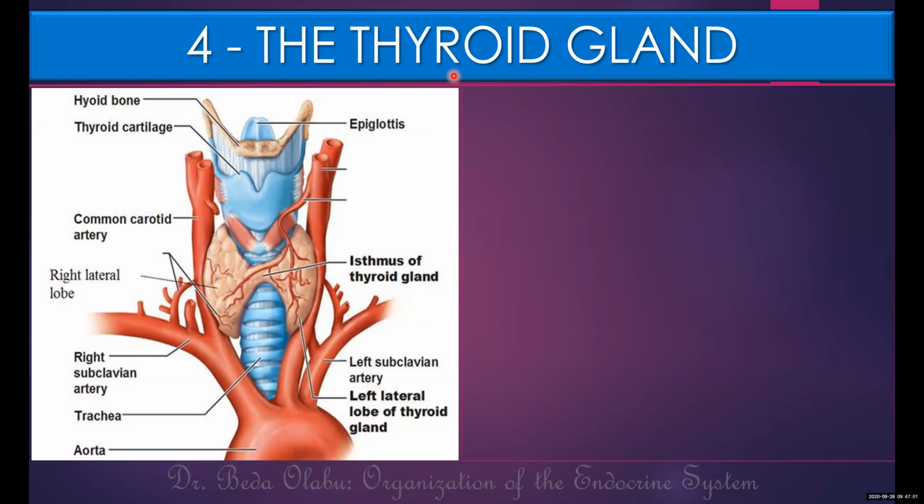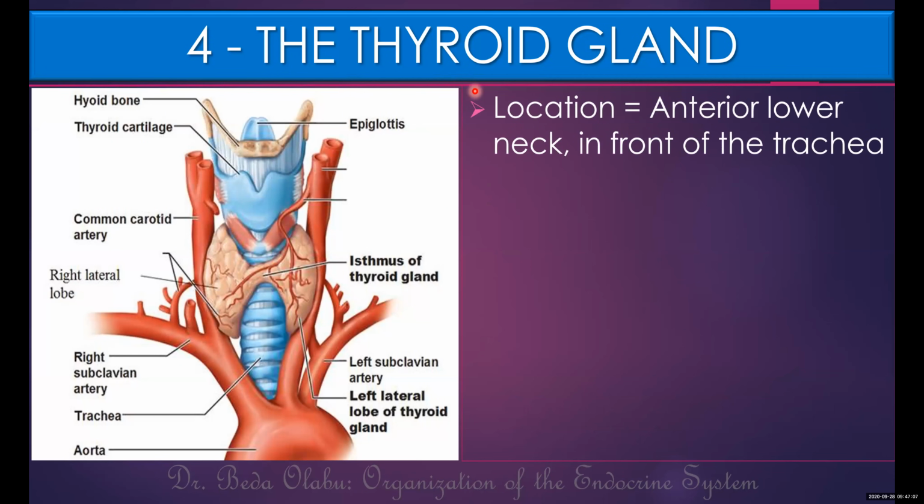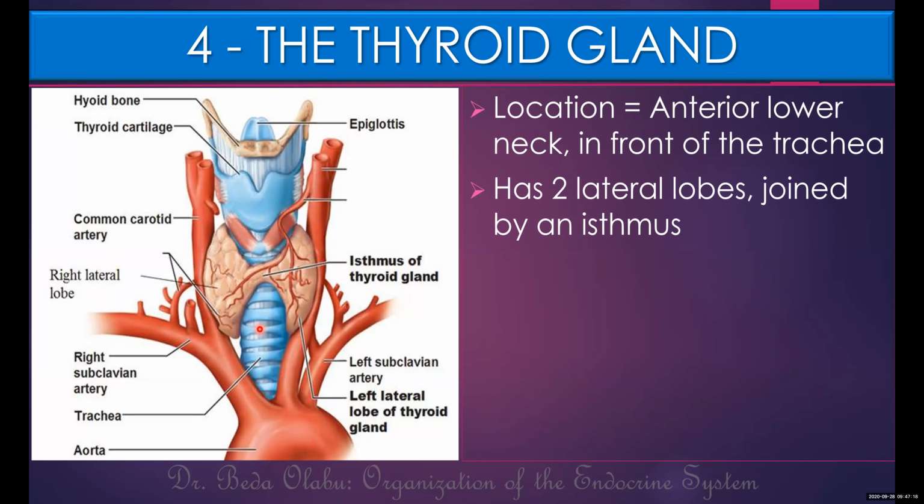Okay, the fourth gland we'll talk about is the thyroid gland. In terms of its location, the thyroid gland is located in the anterior lower neck, just in front of the trachea. In terms of the gross parts, the thyroid gland has two lobes. This is the right lateral lobe.